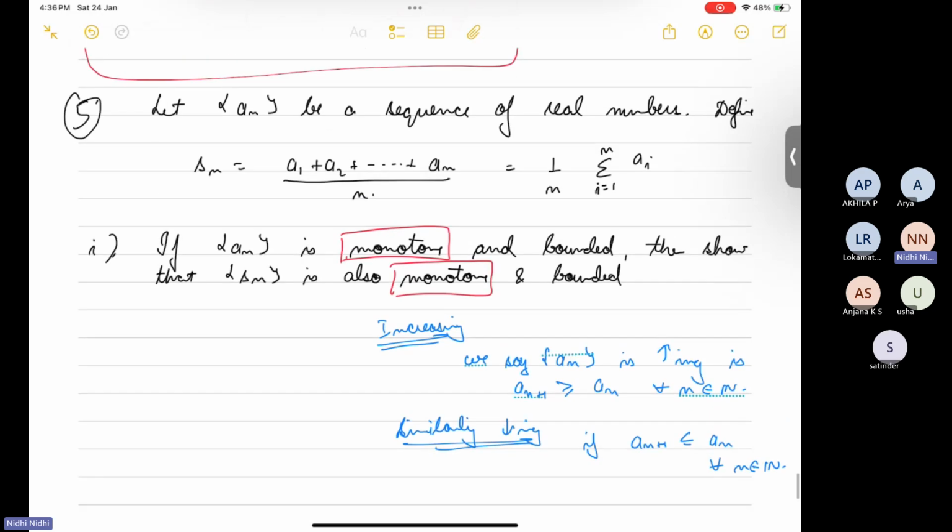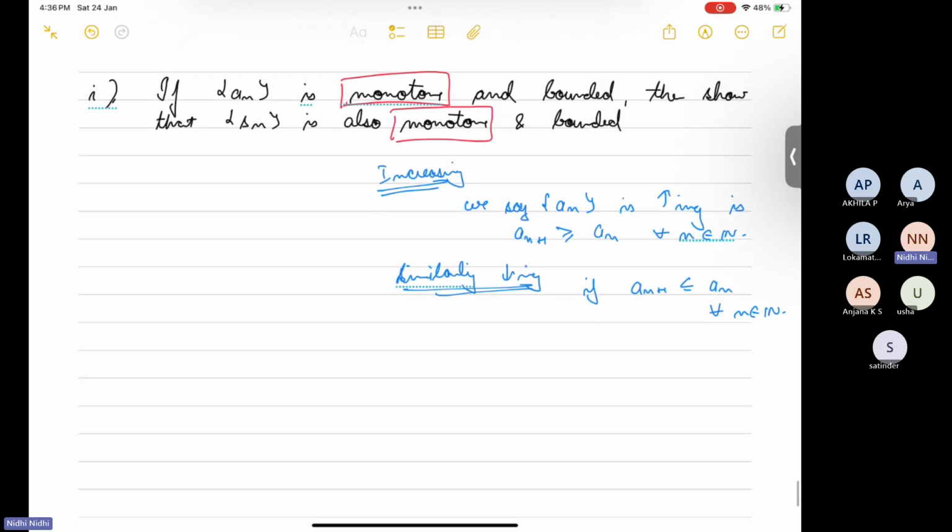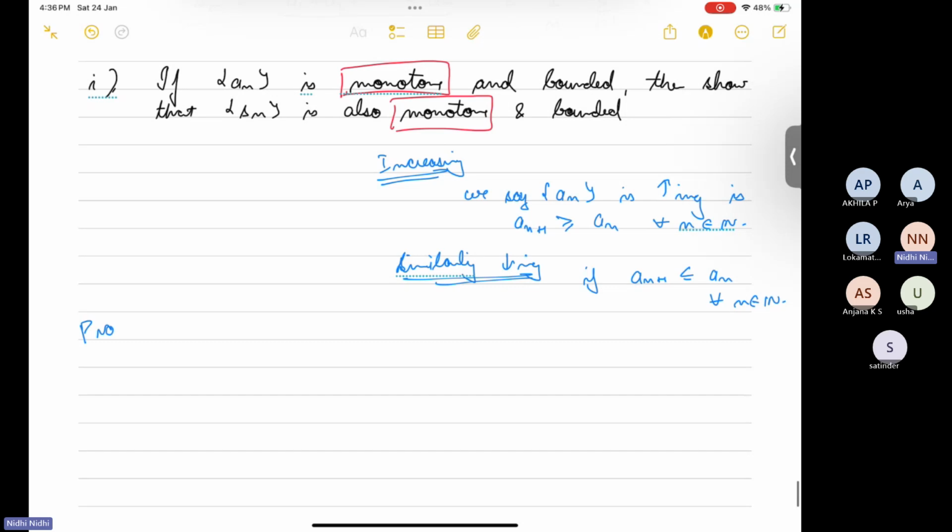So they are saying that we had a sequence an, we do not know anything about it. If we are given that the sequence an is monotone and bounded, then the sequence Sn, which was constructed using the elements of an, will also be monotone and bounded. Let's see how we can prove this. I'll prove it step by step.